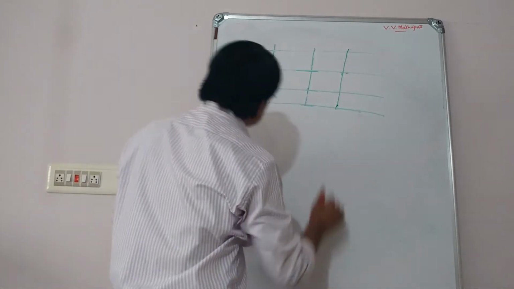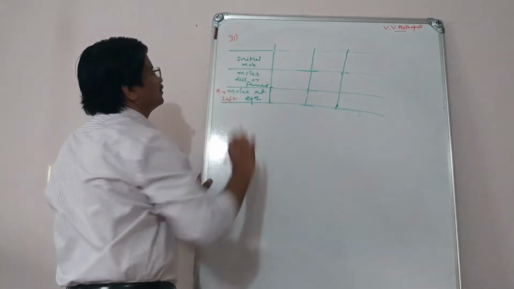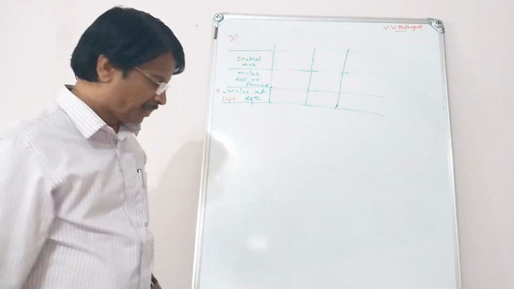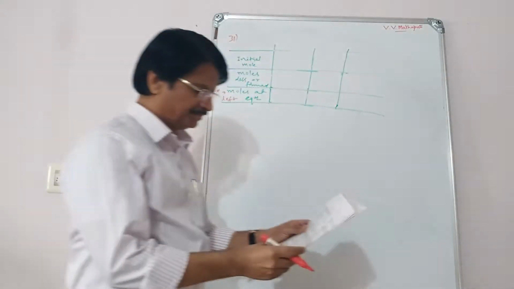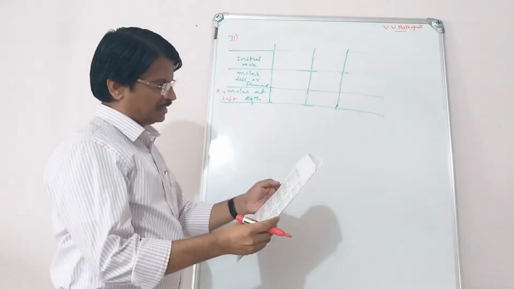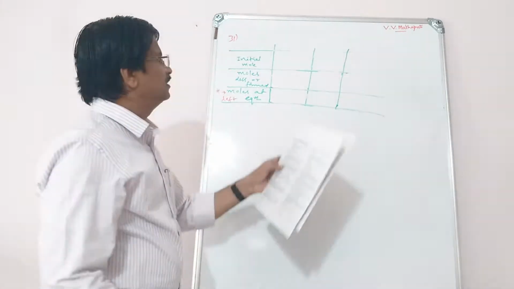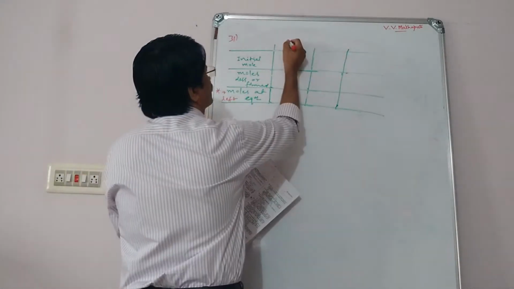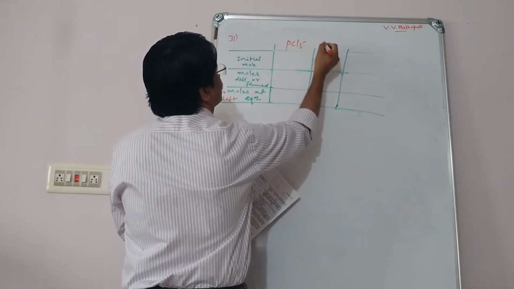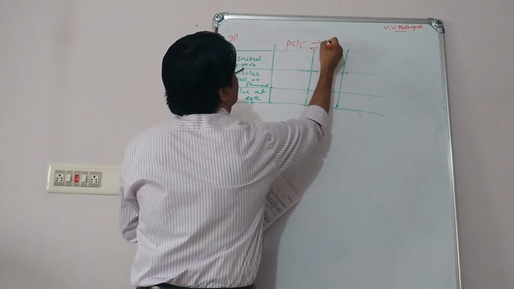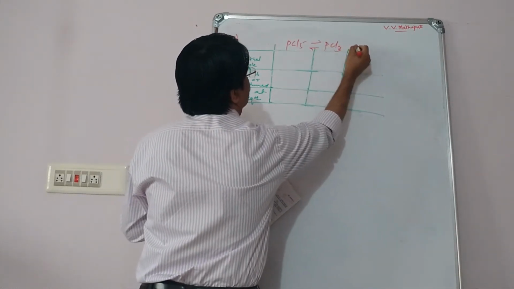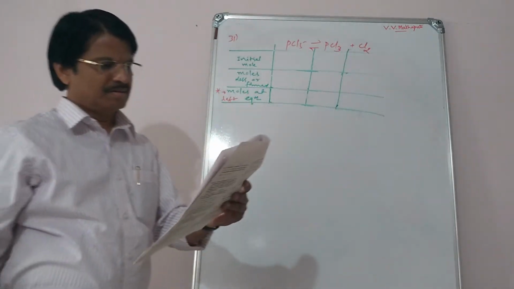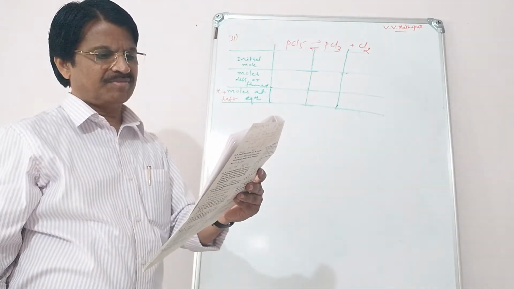In this question 31, again PCl5. If the question gives PCl5, write the equation immediately: PCl5 reversible to PCl3 plus Cl2. This is the equation. The question says 2 moles of PCl5 were heated.